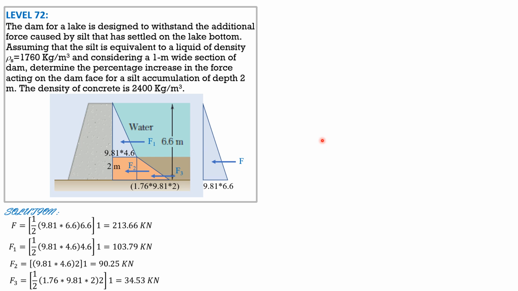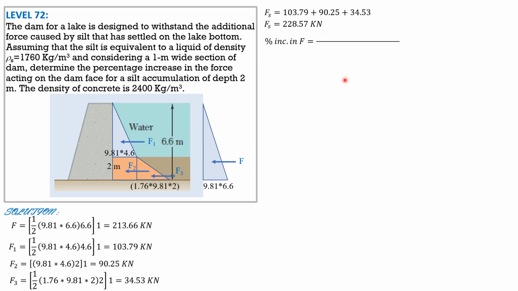So percentage increase in the force is 100% times quantity F1 plus F2 plus F3 minus F divided by F. So F with silt present, 103.79 plus 90.25 plus 34.53. So the force when there is an accumulated silt of 2 meters thick is 228.57 kilonewtons.